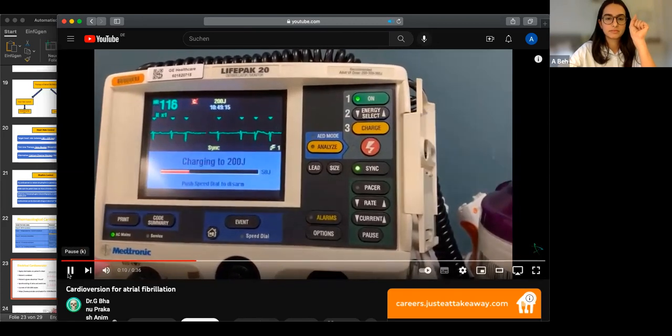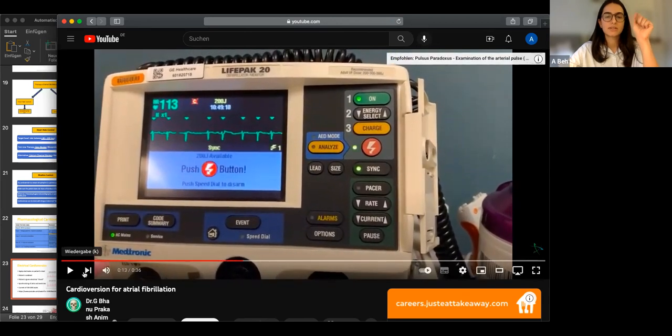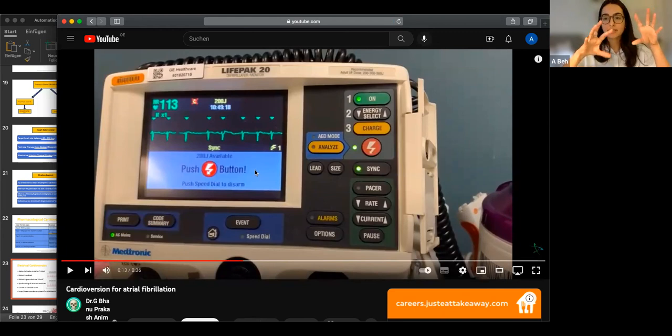Charging. So now she charged the defibrillator to 200 joules, as you can see up here and also here. The defibrillator is now charged with 200 joules, but she has not given the shock yet. Before you give the shock, you have to push this little red button here.